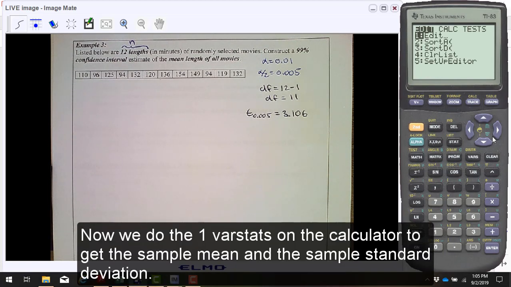Now we do the 1-Var Stats on the calculator to get the sample mean and the sample standard deviation.